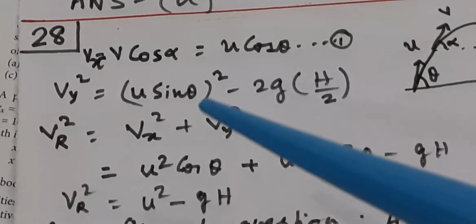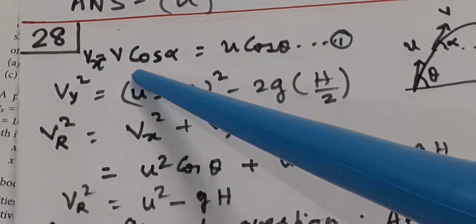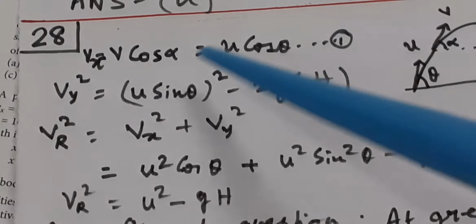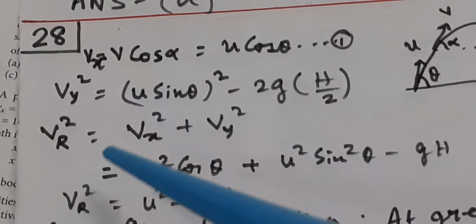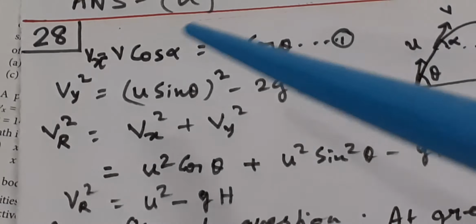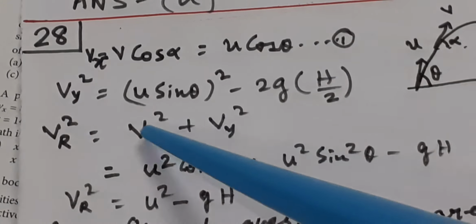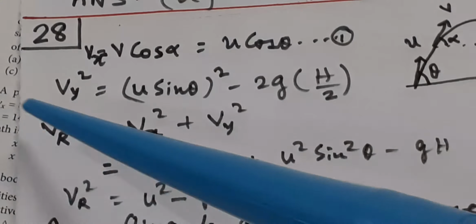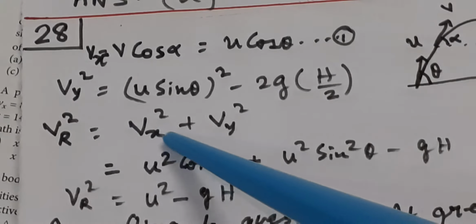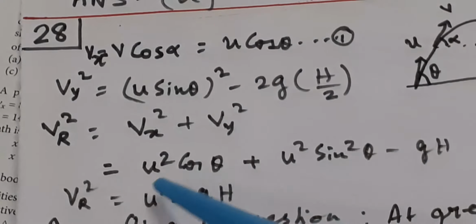Then what to do? You know, along this direction velocity is known, Vx is known, that is u cos theta. That means this one square plus vertical one square, Vy square plus Vx square, the sum of these two will be the resultant. Now you know that Vx is always u cos theta, you substitute this.